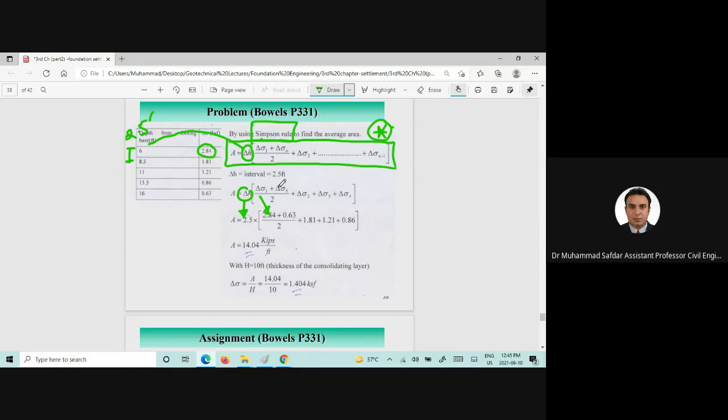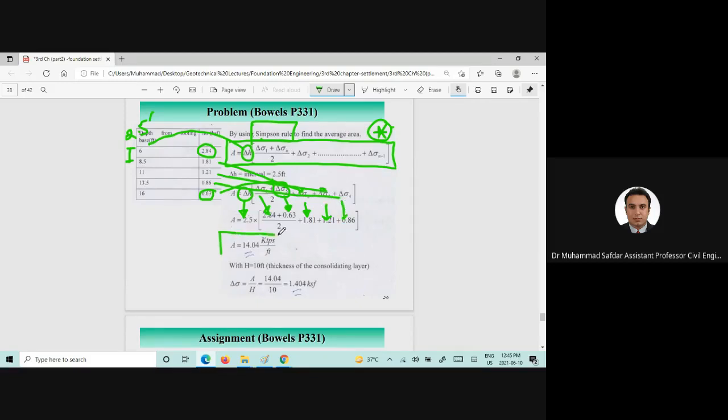Delta sigma 2, no, sorry, here is delta sigma 5. So delta sigma 5 is equal to this value, 0.63 divided by 2. And here delta sigma 2, which is this one, 1.81. And then delta sigma 3, which is 1.21. Delta sigma 4, which is equal to 0.86.